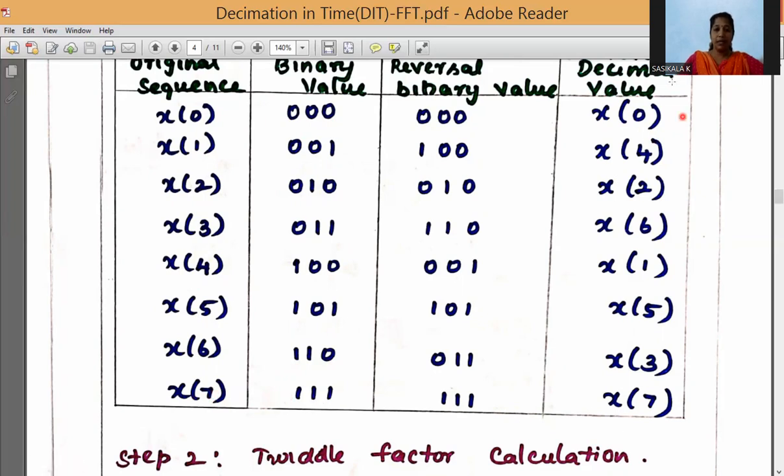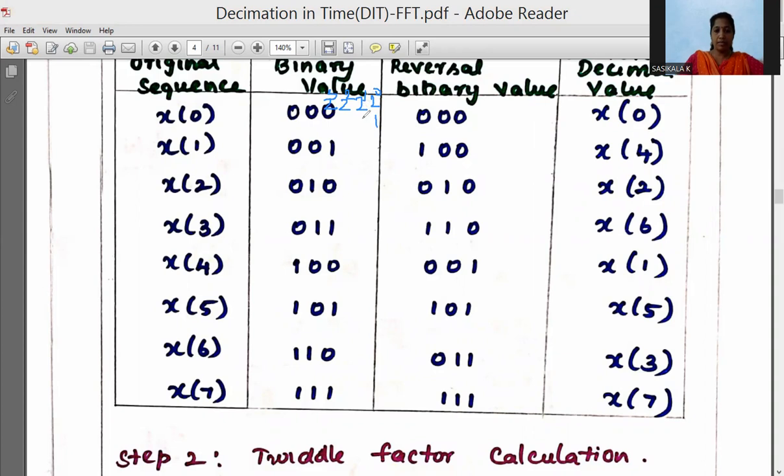Listen, we know that we have this 8421 code. That means the first is 2 power 0, then 2 power 1, 2 power 2, 2 power 3. Anything power 0 is 1.